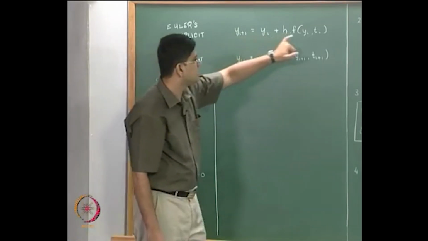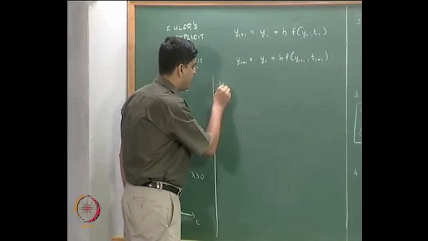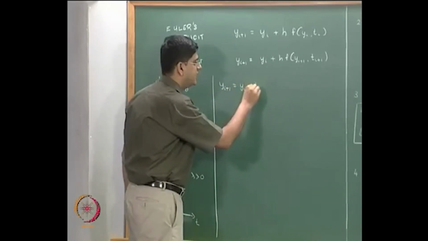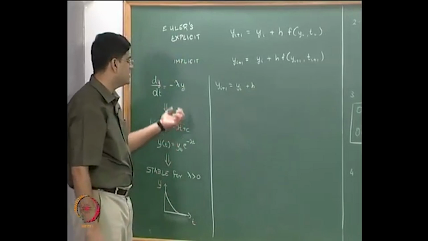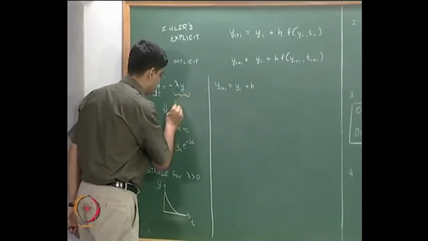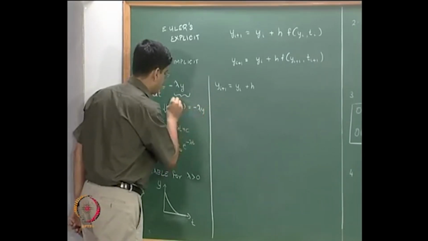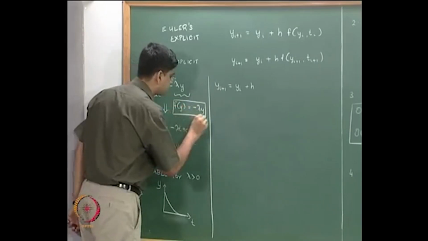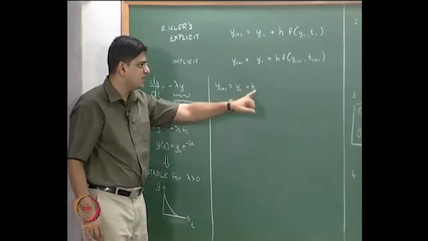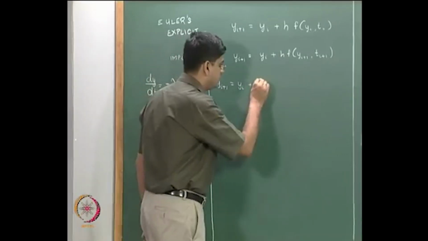Let us look at the explicit method first. We will have yi plus 1 equal to yi plus h times f of yi comma ti, and the function f in this particular case is minus lambda y. So f of yi comma ti when we substitute is going to be minus lambda multiplied by yi.